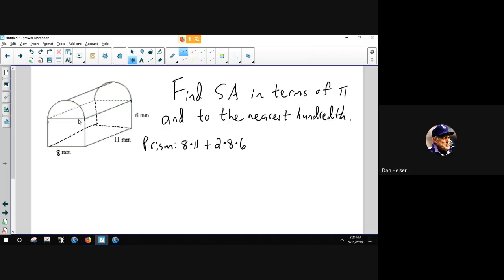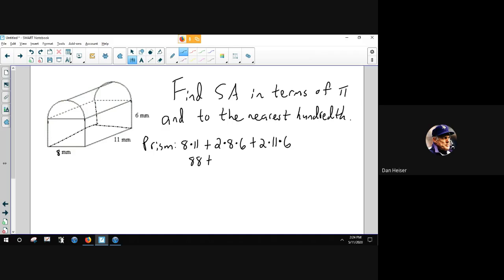This wall is 11 wide by 6 high, and this is the exact same wall as well. So 2 of those. And that will give us the total surface area of the prism.